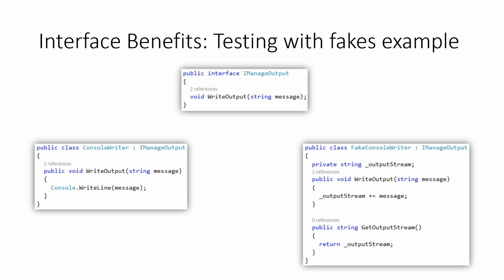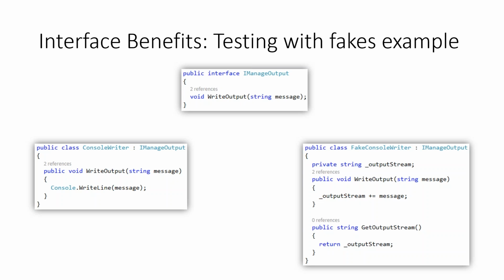Okay. Now we create two classes. One of them is the console writer, and it simply writes stuff out to the console, just like we would expect our application to do. But we've also created a fake console writer class. It also implements IManageOutput. And rather than depending on the Console.WriteLine method, it saves stuff to a string. Okay, and this string can be used at the end of our test by calling a getOutputStream method.